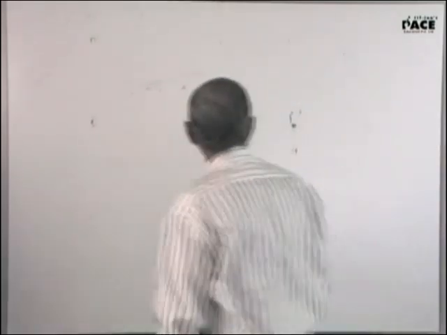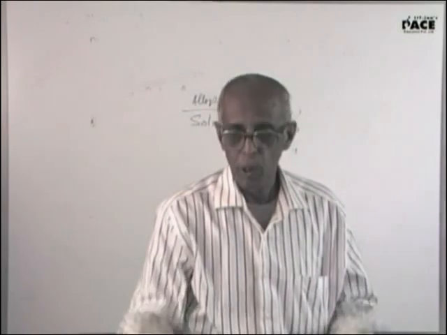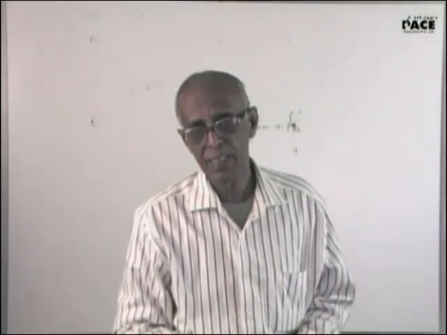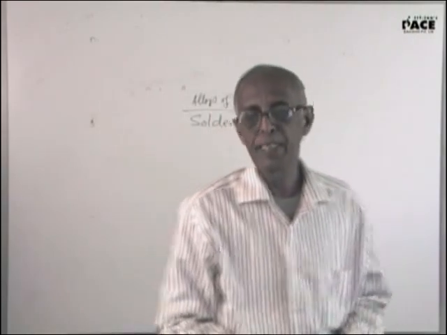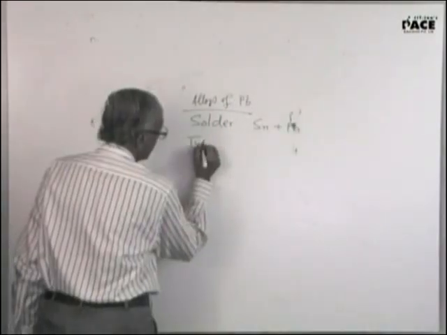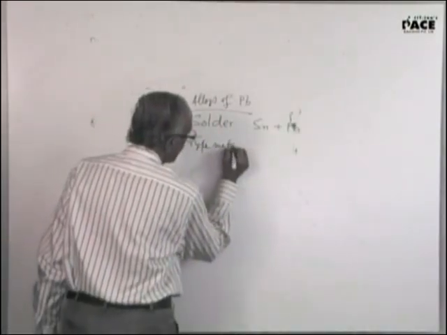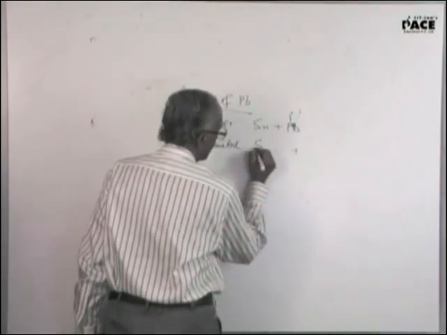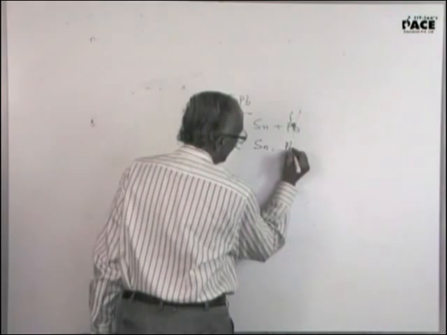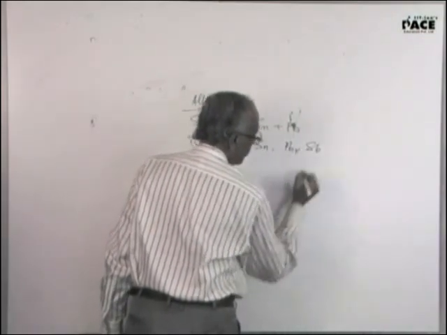There are 3 alloys of lead. Solder is used for welding purposes, which is made of tin and lead. Type metal is made of tin, lead and antimony.